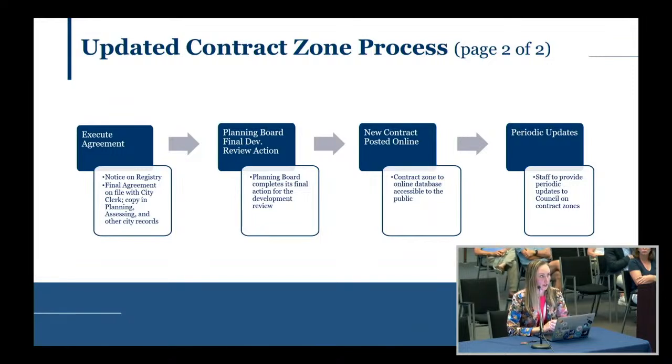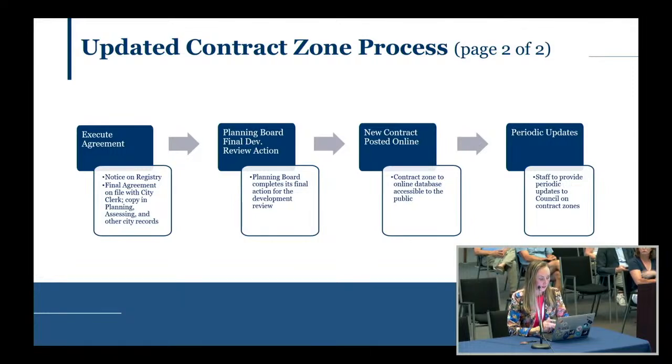So knowing that an executed agreement would have to be built into the process and is in the ordinance would be very important to us to make sure we're following up on the council action appropriately. With that, we'd also require a notice on the registry to alert future buyers. The final agreement would have to be on file with the city clerk, as well as a copy in other departments such as planning, assessing, code enforcement, and any other relevant departments.